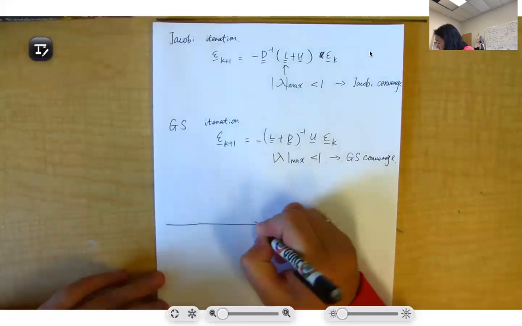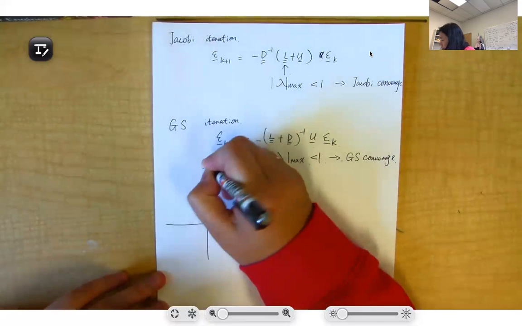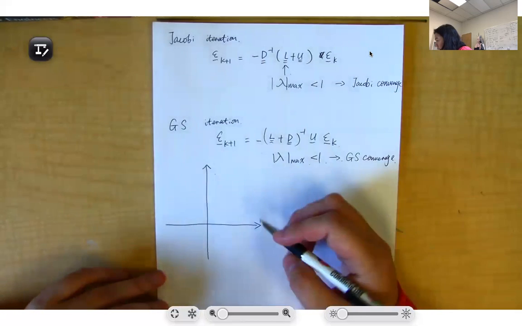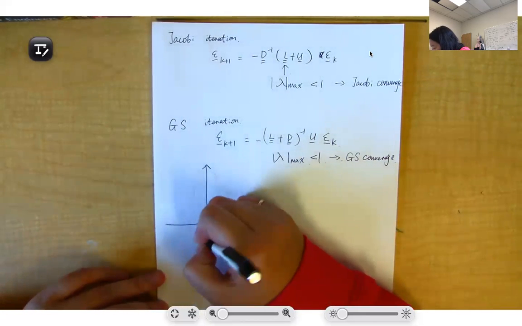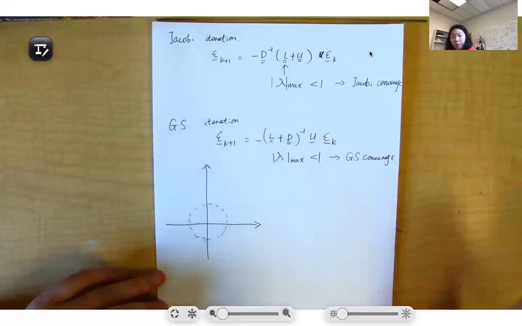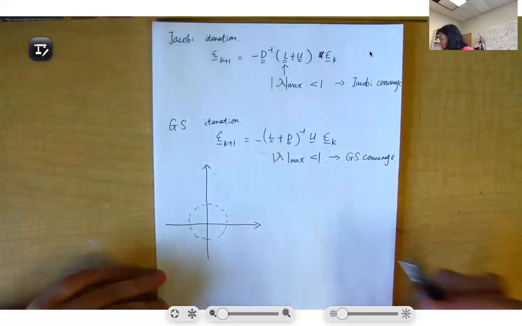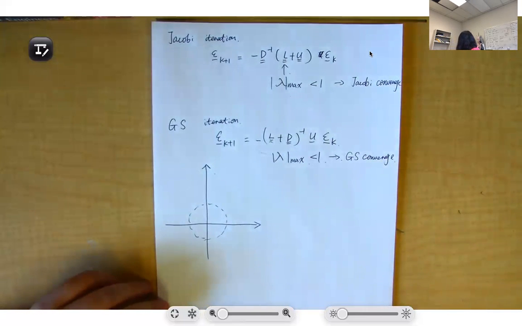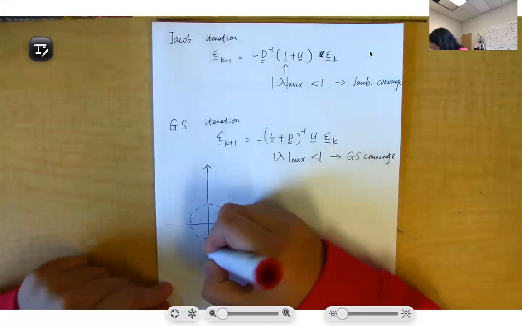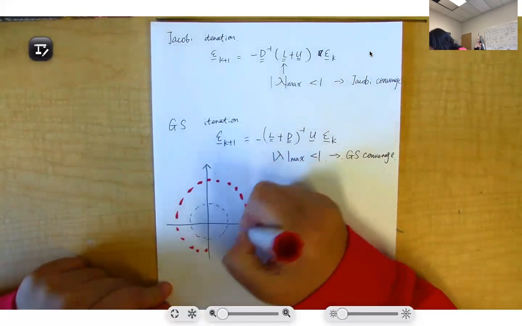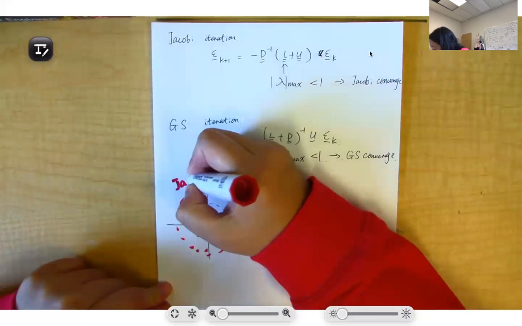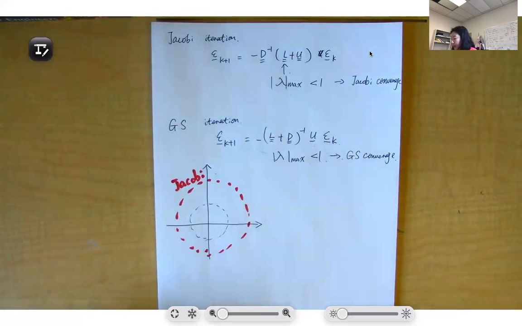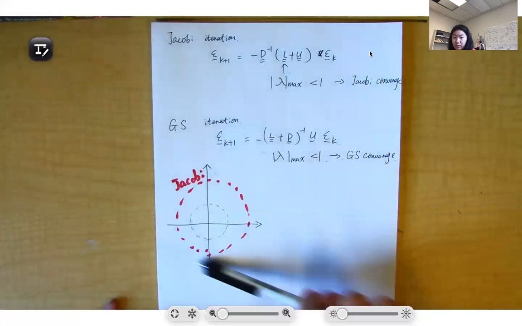So if I have this 2D plot, usually the Gauss-Seidel eigenvalue will fit in this circle. Okay, usually the Gauss-Seidel iteration will fit in this circle, while the Jacobi will fit in a bigger circle. So this is the Jacobi iteration. The eigenvalue is inside this circle.